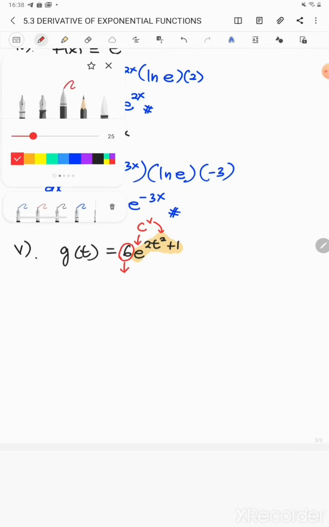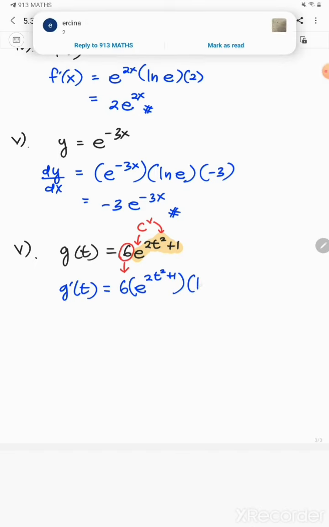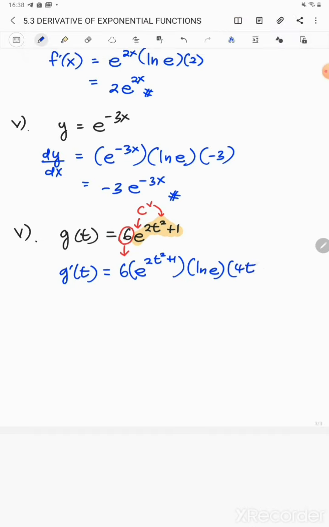To solve this, g prime t is equal to 6. Remember, we just put it down for the constant, and then the one that we use the formula on, e power of 2t square plus 1. This is the first step. Second one, ln e. And the last one, differentiate the variable: differentiate 2t square, we get 4t, plus differentiate 1, we get 0.